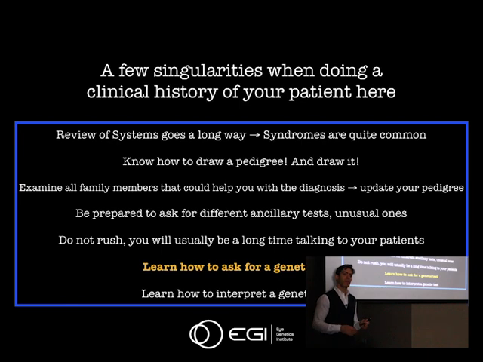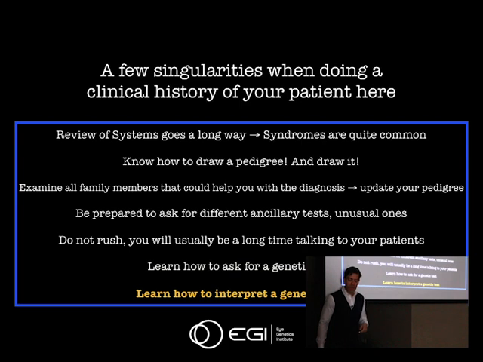Many times I can stay 1 hour and a half, sometimes 2 hours, and my record was 4 hours with just one patient, but then I was able to achieve the right diagnosis. So it is very important to give time, all right? And also we have to learn how to ask for a genetic test, and after that we have to learn how to interpret a genetic test.